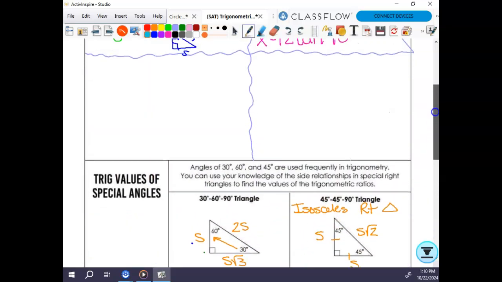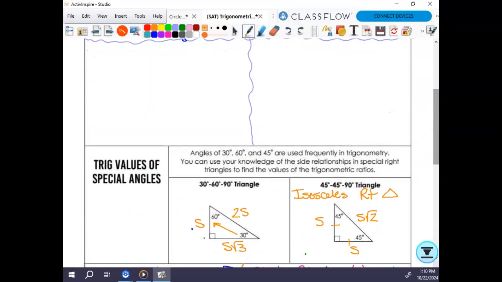We got 2 more 30, 60, 90 triangles to do before we get back with some trig stuff. All right, so we have an isosceles right triangle with perimeter of 8 plus 4 times the square root of 2.